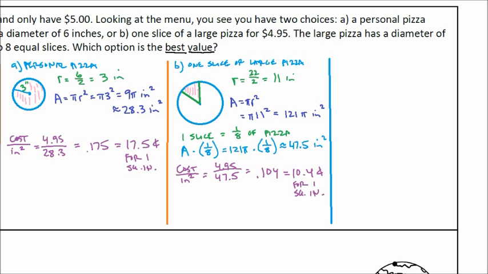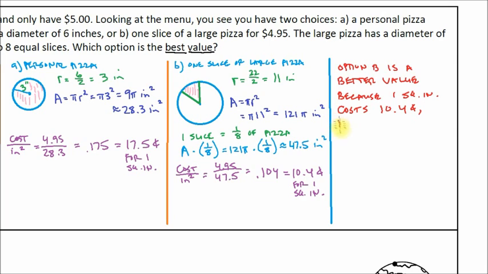Option B is a better value because 1 square inch costs 10.4 cents, which is less than the 17.5 cents per square inch for option A.